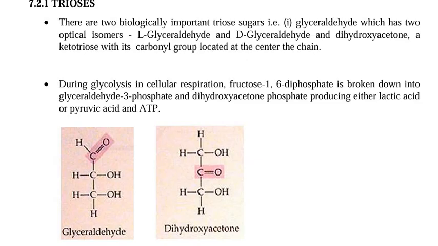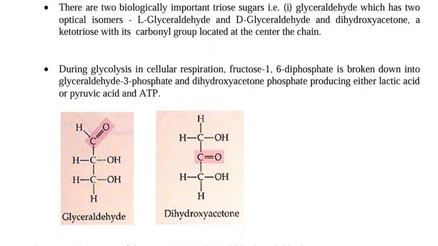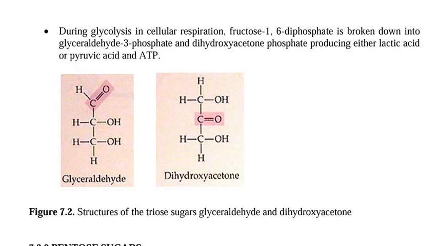There is glyceraldehyde, which has 2 optical isomers, L and D glyceraldehyde. And then there is dihydroxyacetone, a ketone or a ketotriose with its carbonyl group located at the center of the chain. These are the common trioses that you need to know.